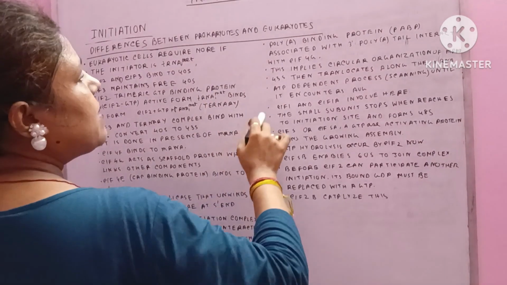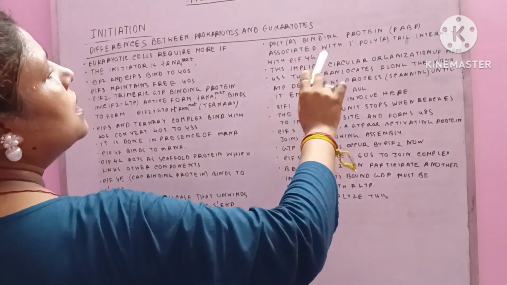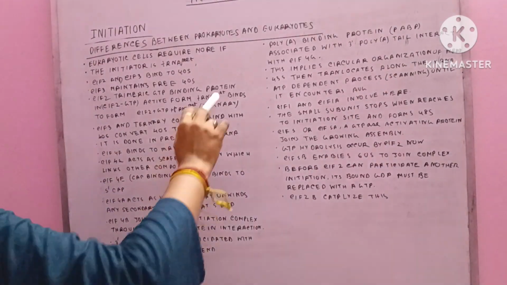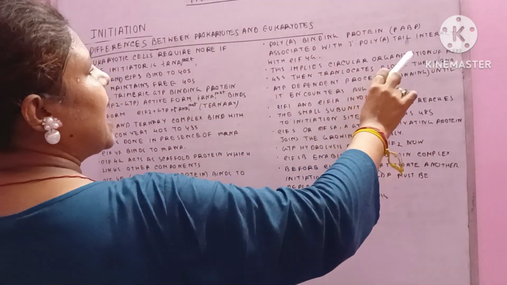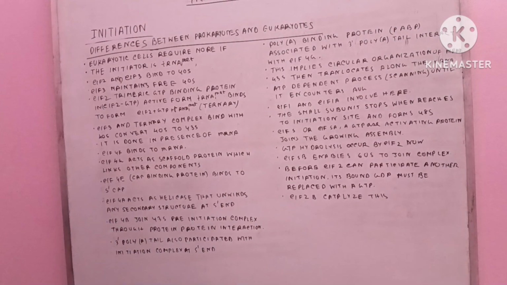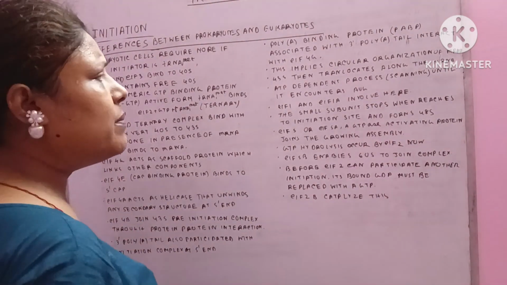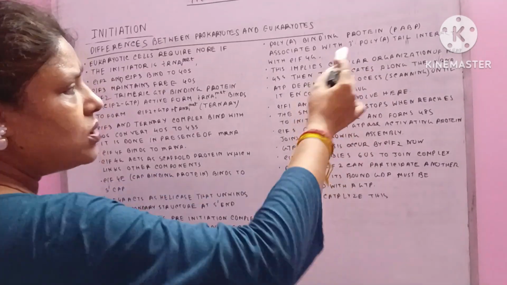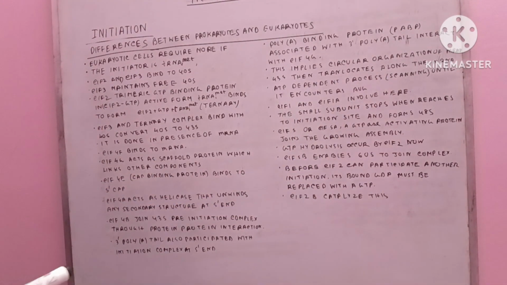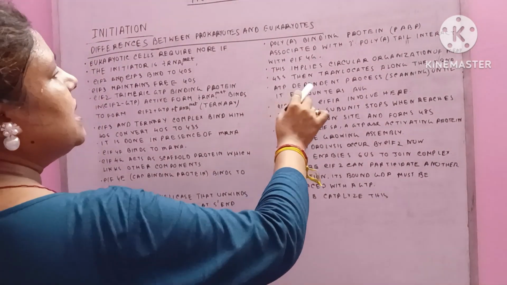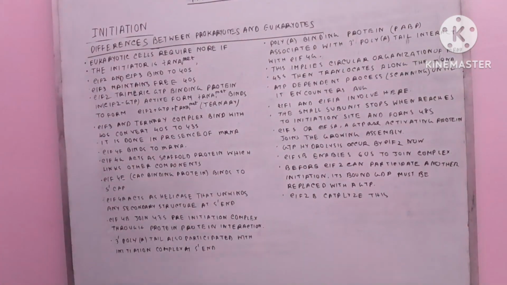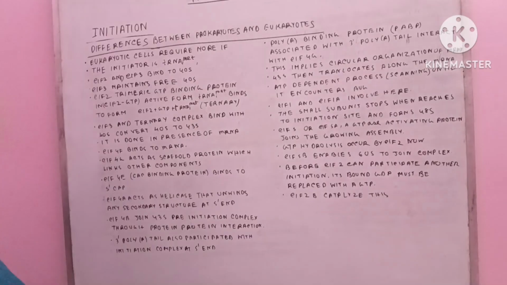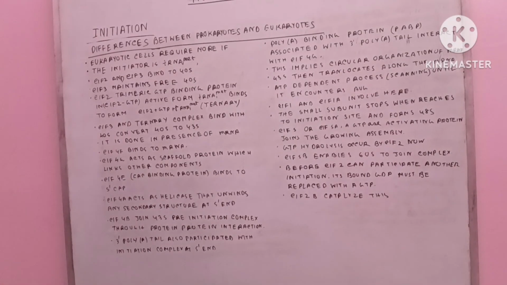In the next step, the 43S translocates along the mRNA, an ATP dependent process, until it encounters AUG. This translocation along the mRNA is the scanning process. It is ATP dependent and continues until it recognizes AUG, the start codon.